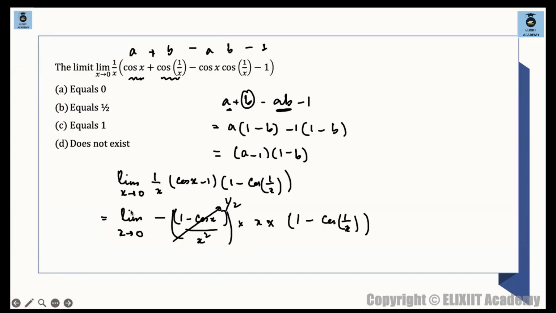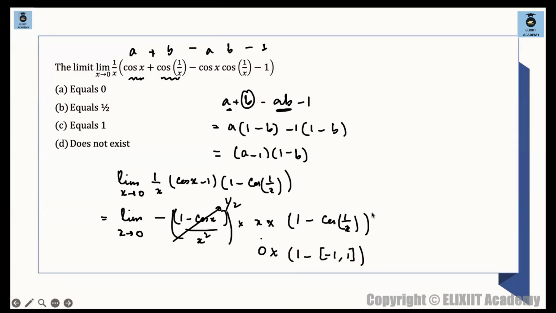Once you distribute the limit, x tends to 0, so this becomes 0 multiplied by 1 minus cos(1/0). Cos(1/0) is some oscillating number from -1 to 1. So 1 minus any number from -1 to 1 gives a finite quantity.